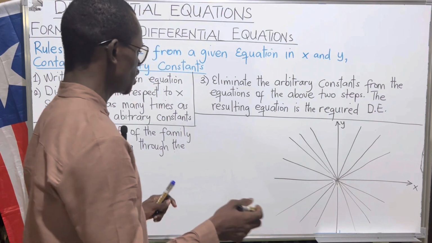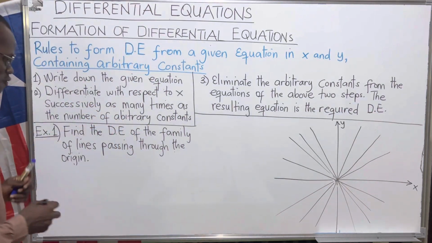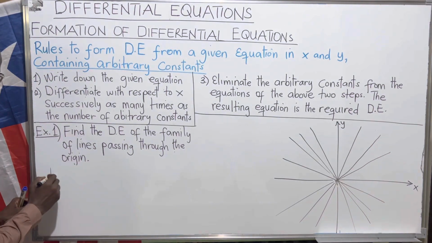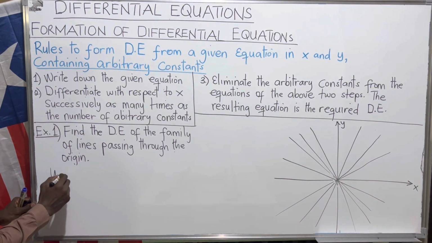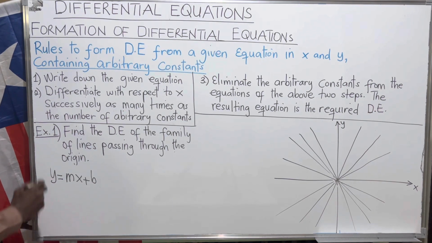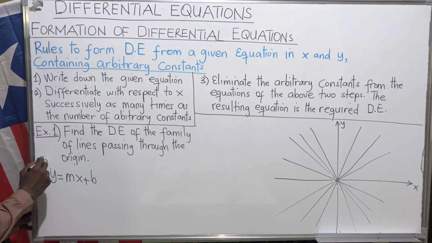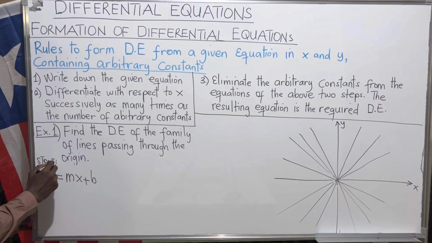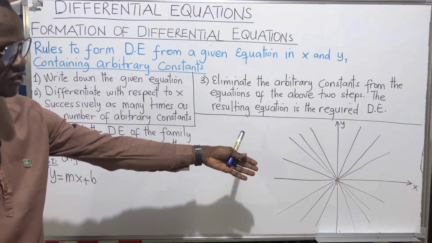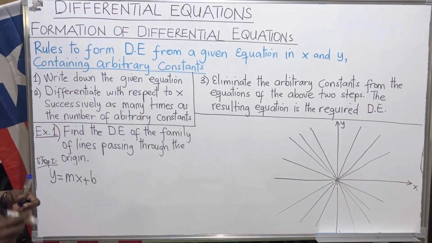Now we know that the general equation for a straight line is y equals mx plus b. So this is our step one: write down the equation. We have derived the equation from the graph, and then we've written it down.